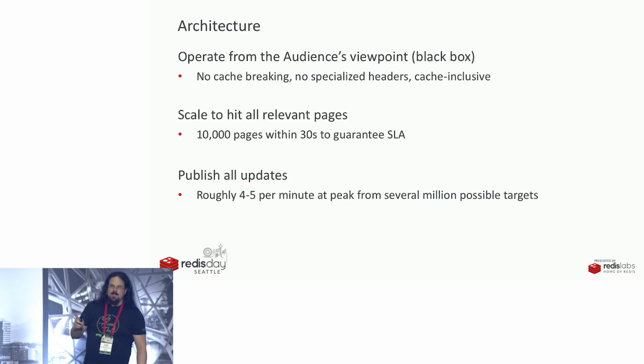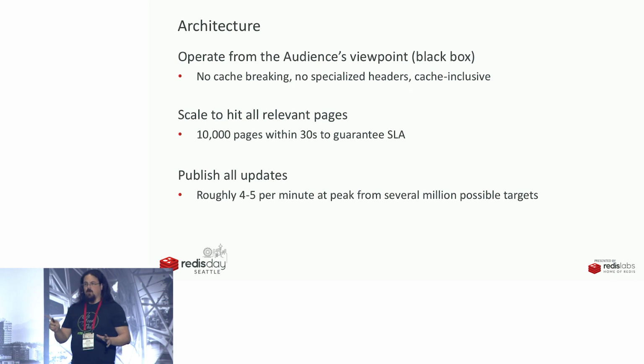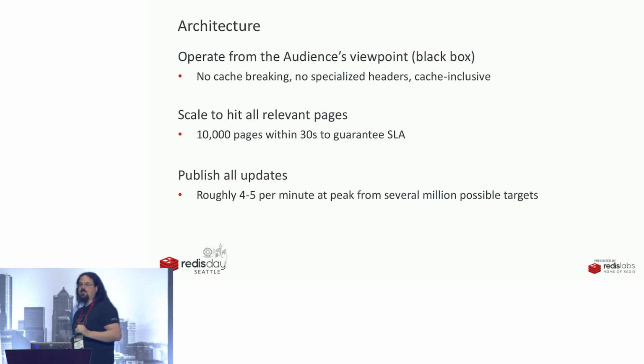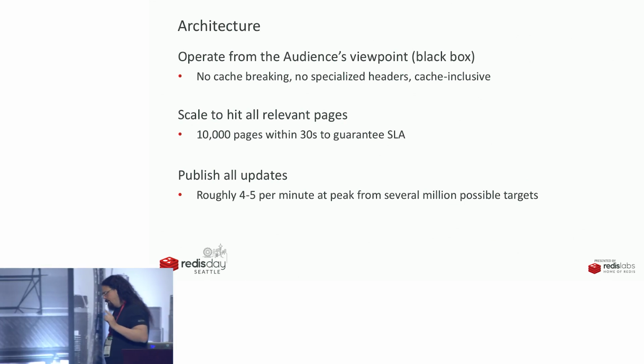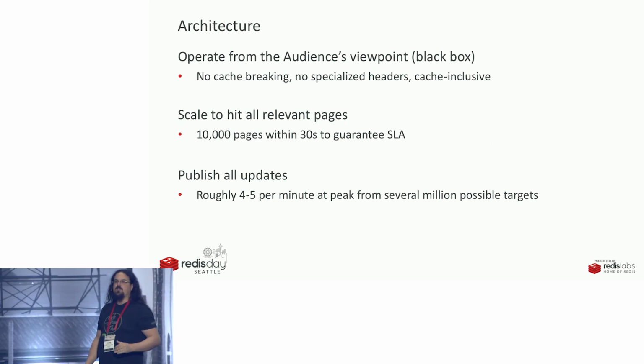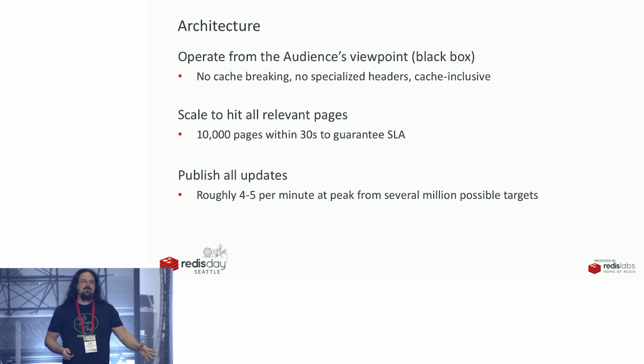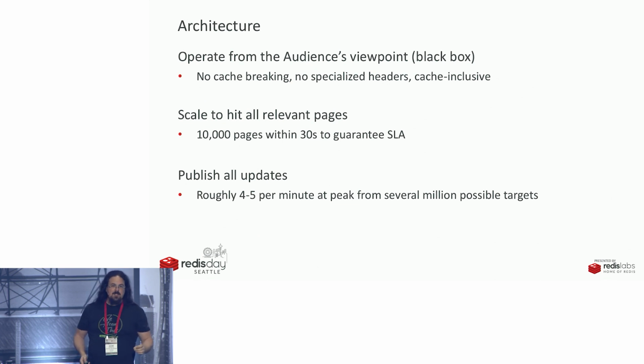Now, the beauty of this is that in a real world, one publish every 15 seconds is only about 3,000 pages a day. One publish every 15 seconds with an average syndication level, call it, of 3 gives us 10,000 active pages at any given time. 10,000 active pages all have to be visited within every 30 seconds.